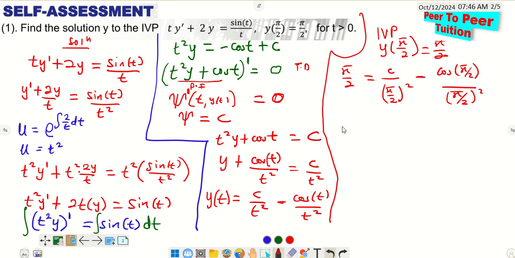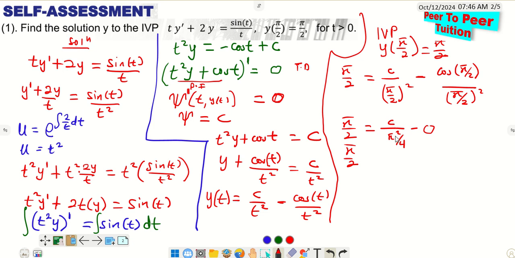That is c over pi squared on 4, minus, remember cos pi on 2 is cos 90, which is 0, and 0 divided by any number is 0.